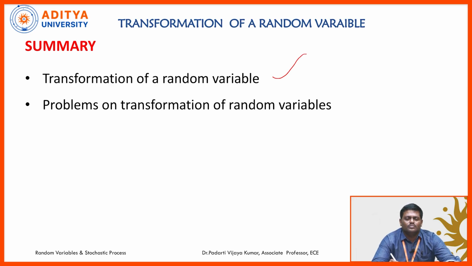And we have seen the transformations for both continuous and discrete random variables. Later on we have seen some practical, real-time problems where we should apply the transformation concept, computing the newly formed random variable's statistical parameters like mean and variance, and the newly formed density function.